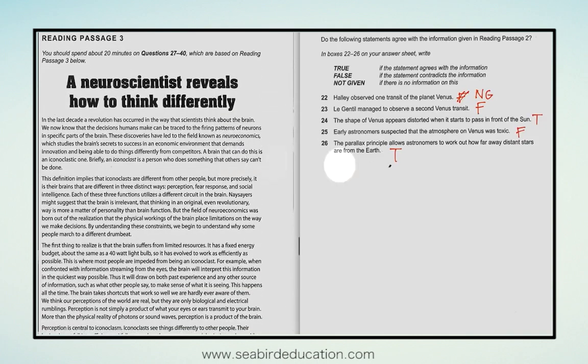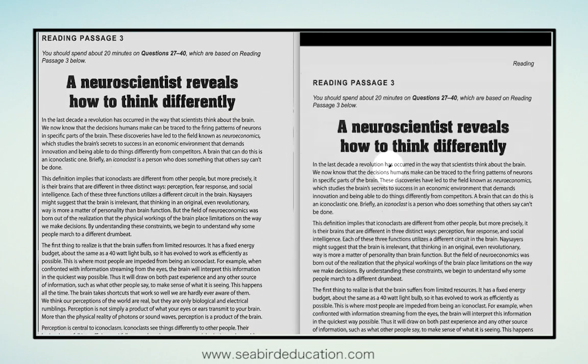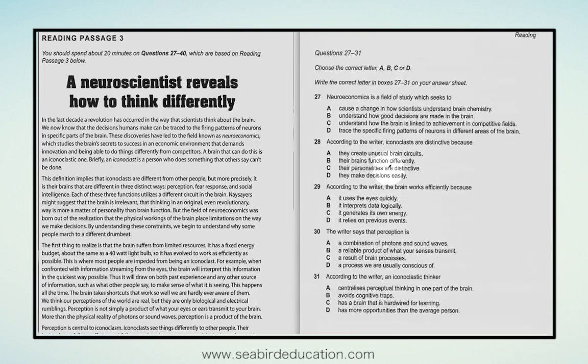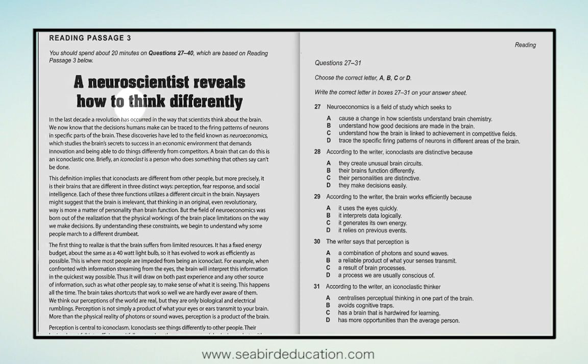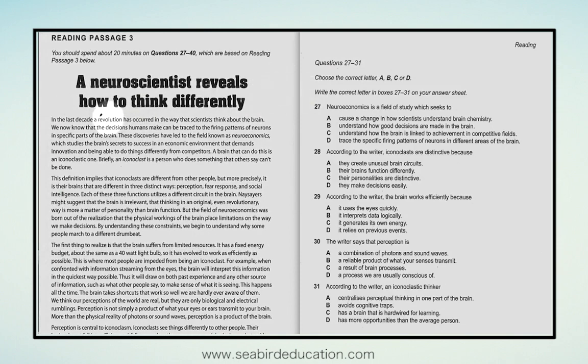Alright, and the last one then. How new research reveals how they think differently. Right, let's have a look. So this is the title: a neuroscientist reveals how to think differently. In the last decade a revolution has occurred in the way we think about the brain.